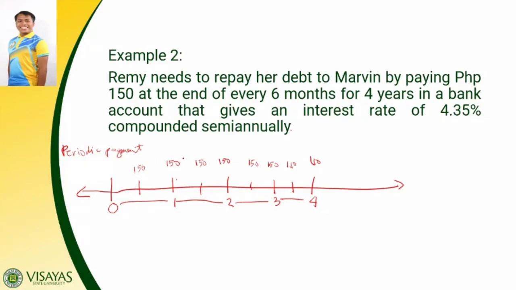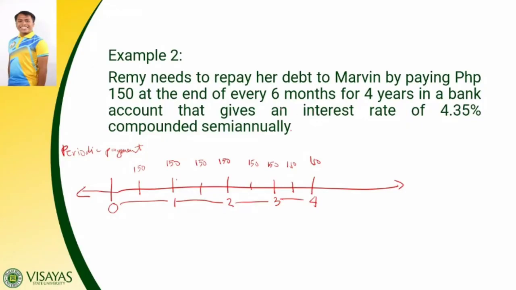So the payment is the same. It is a simple annuity since the payment intervals are the same as the interest period. What is the payment interval here?